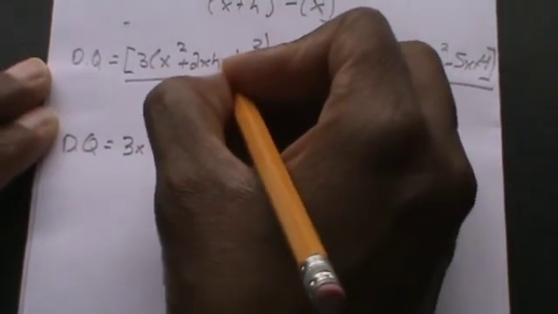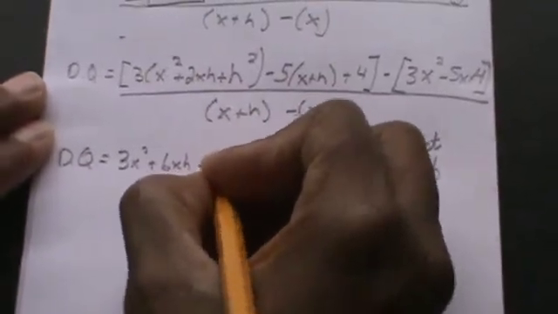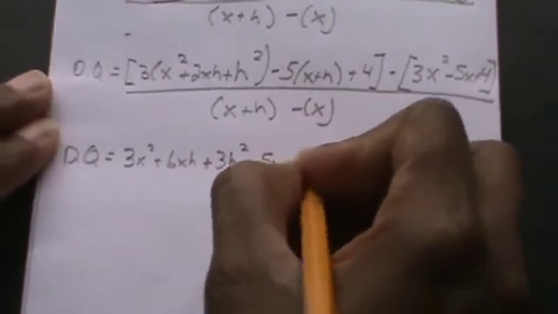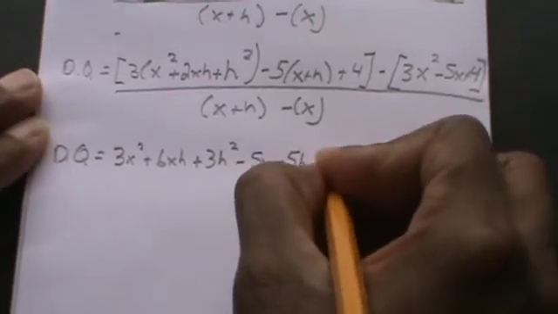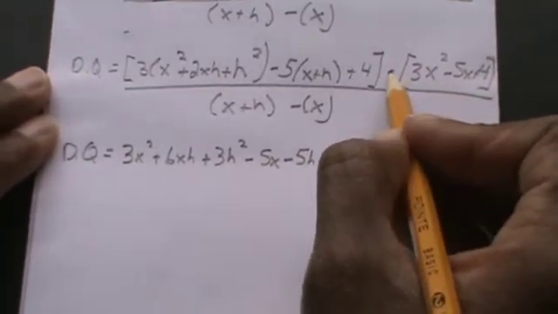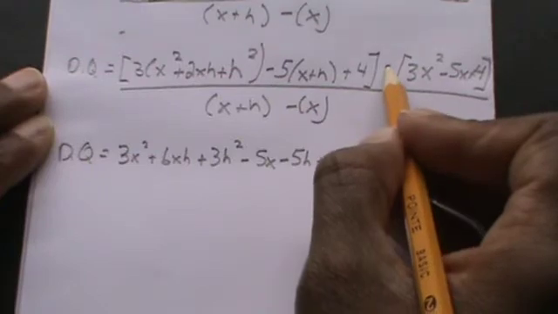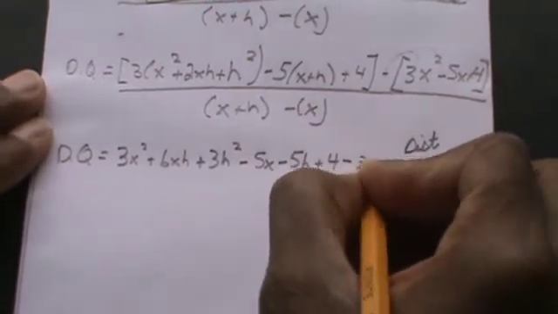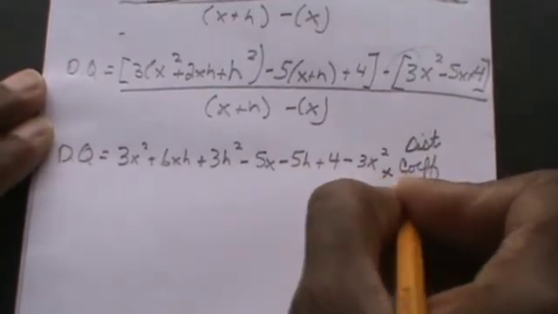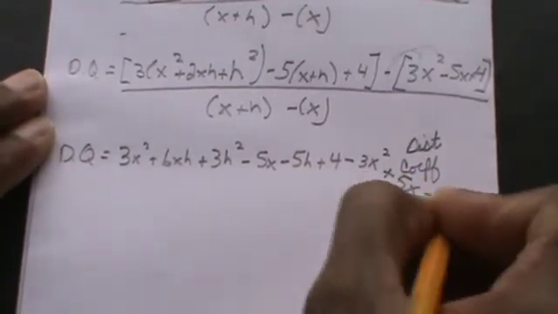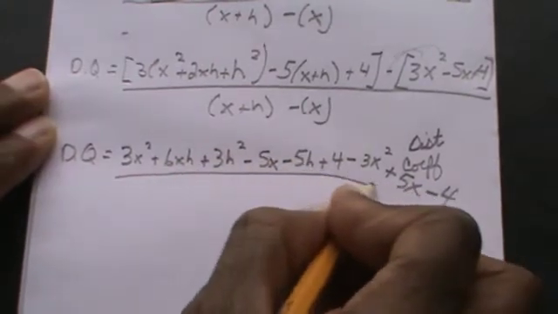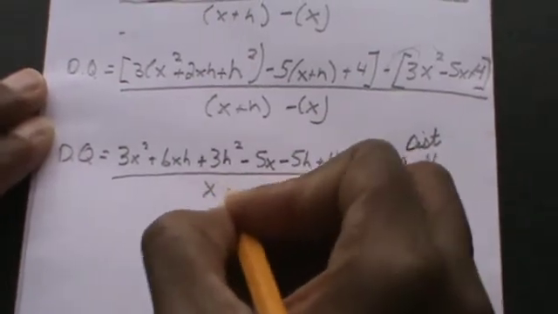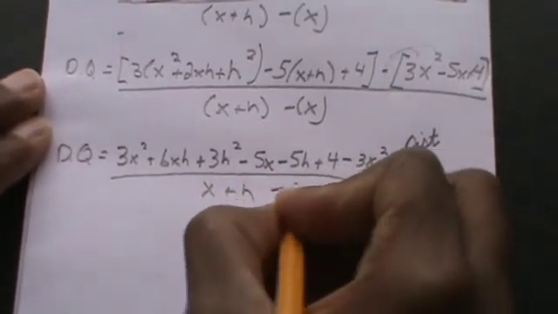Oops, up here this should be plus 3h squared minus 5x minus 5h plus 4. And then if we were to distribute here as well to each one of the terms, I'd get minus 3x squared plus 5x minus 4. So sorry for it going a little lopsided. All divided by, I'll distribute the negative to the x. X plus h minus x.